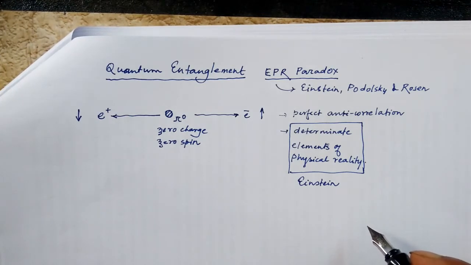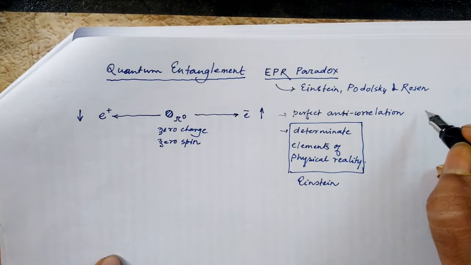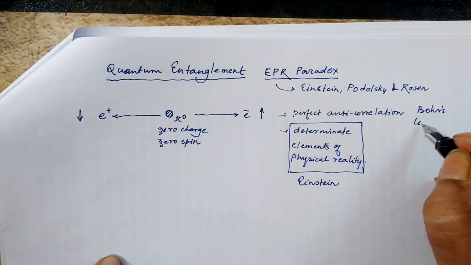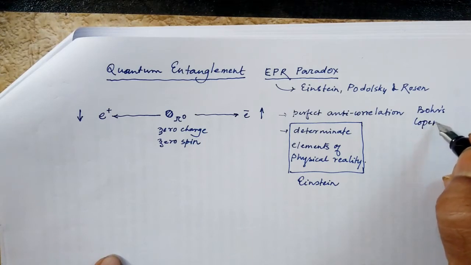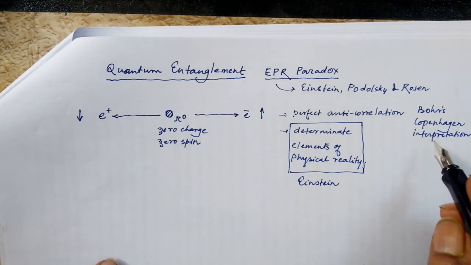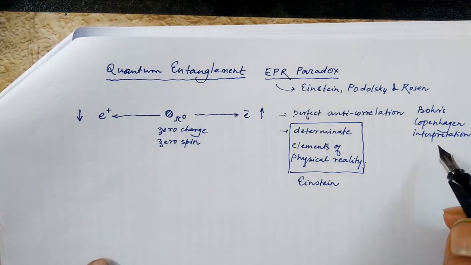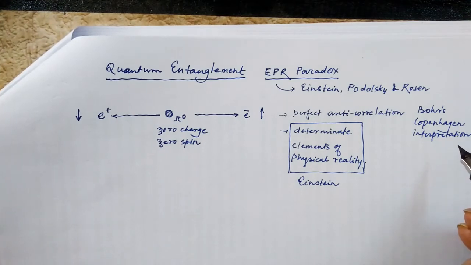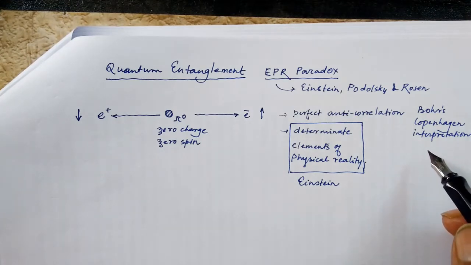Now we know that we had Bohr's Copenhagen interpretation. There he says that it is really meaningless to talk about the spin direction of the particles before we make a measurement.